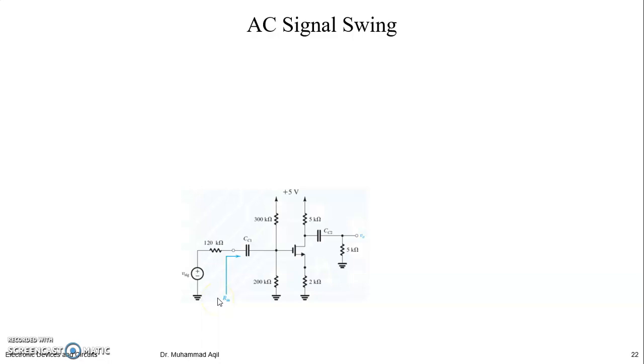Similar to the BJT, we apply an AC signal through the coupling capacitor, so that the DC biasing would not be disturbed by this signal source. Here we would be having DC and AC both, right? Here also only the AC signal would be coupled out to the load.